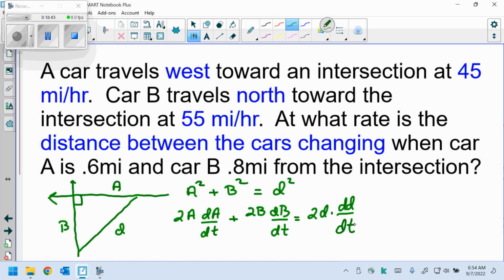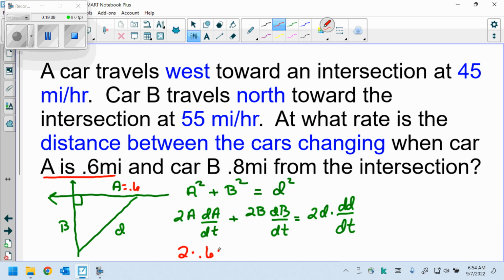And unlike the last problem, we're not getting rid of any of these. So it's magic moment time. We're going to take 2 times a. Now what does it say? At what rate is the distance between the cars changing when car A is 0.6? So a is 0.6.